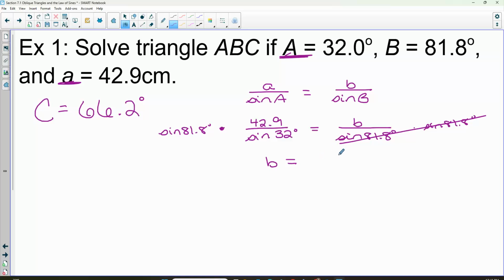You could round however you wanted. How many significant digits were there in this problem? 3. So if I wanted to answer with significant digits, I could say 80.1 centimeters. If you don't answer with significant digits, my directions didn't say you had to, so I'm not going to count off. You can give me more if you would like.